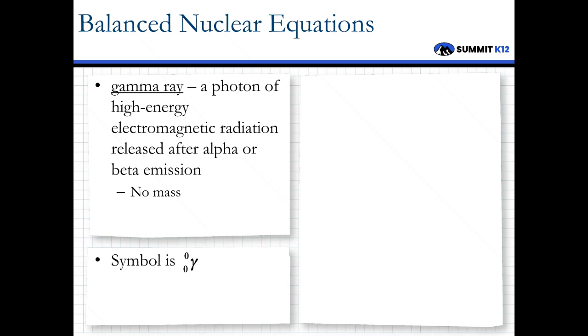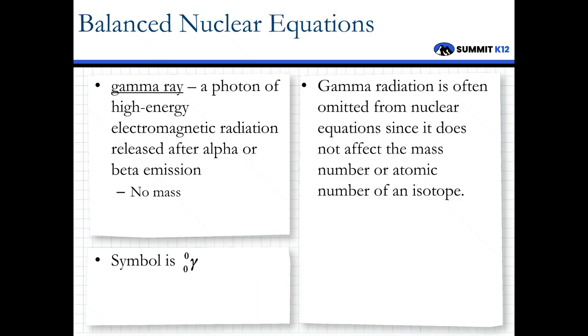The gamma radiation is symbolized using isotopic notation, showing no mass and no charge, with a lowercase Greek letter gamma or fancy Y. Gamma radiation is often omitted or left out from nuclear equations since it does not affect the mass or atomic number of an isotope.